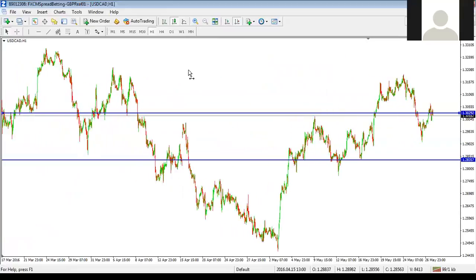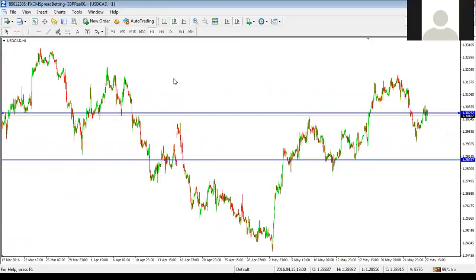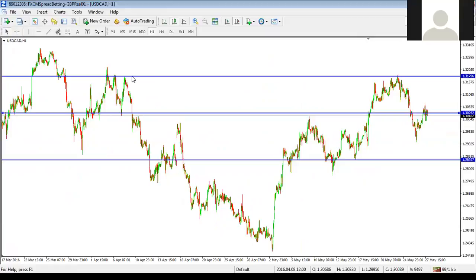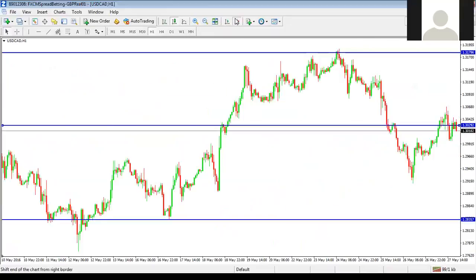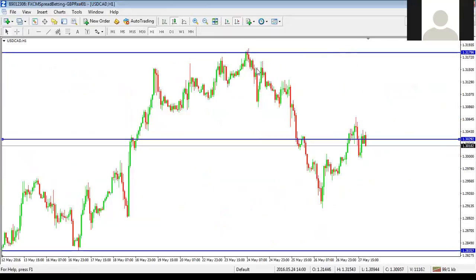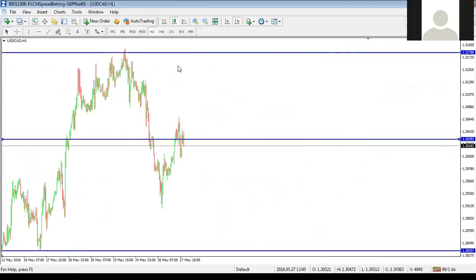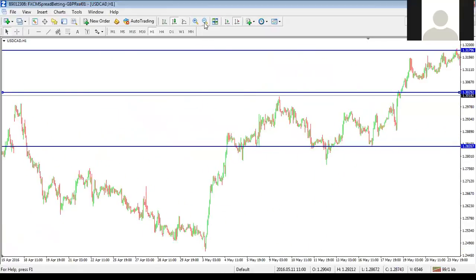Look, left structure leaves clues. Where did it go before? And where did it find support? So that first one, bang. That would be my take profit right there. As you can see here, pretty much bang on. It's a nice level of resistance. So I know it's found resistance at that point in the past.